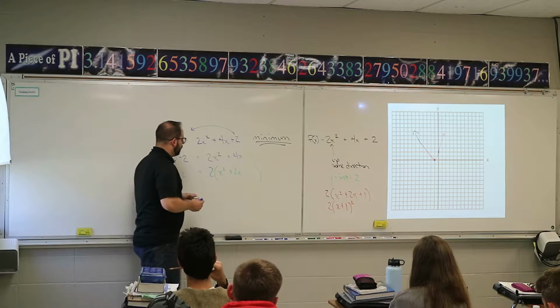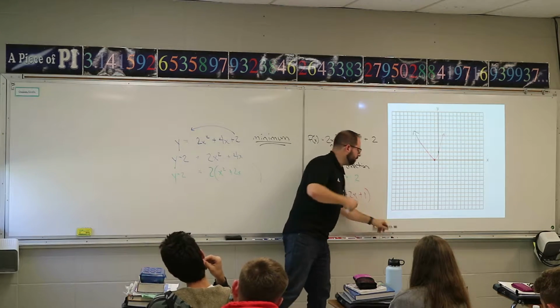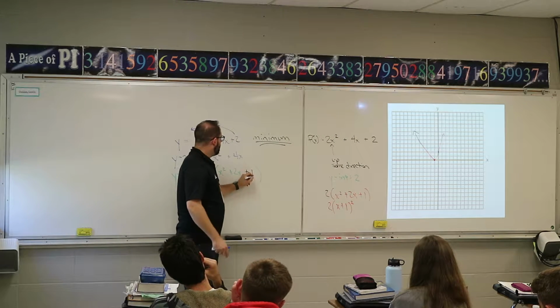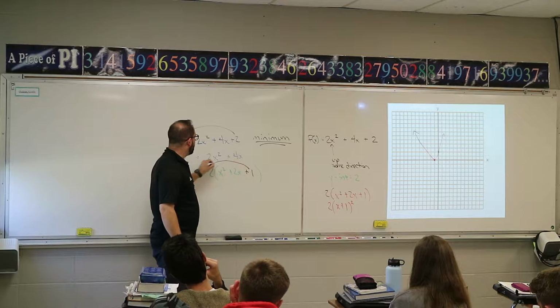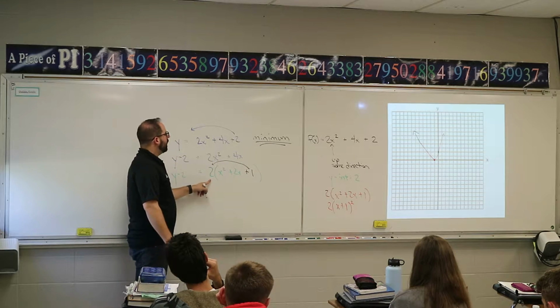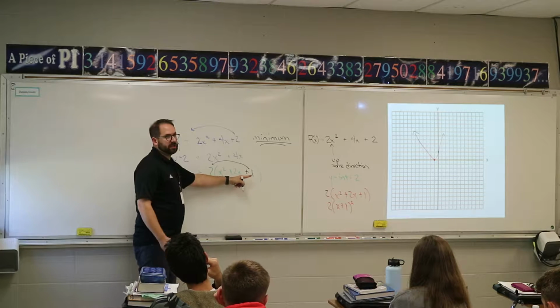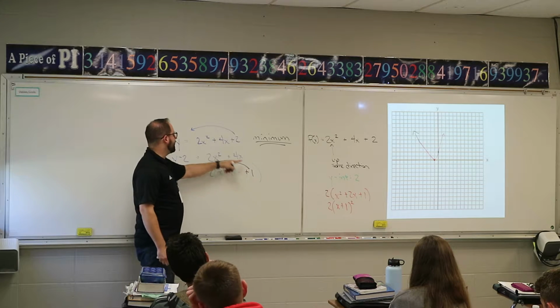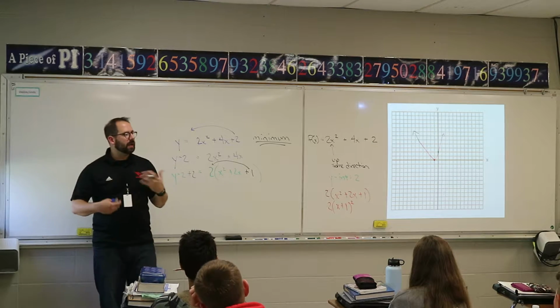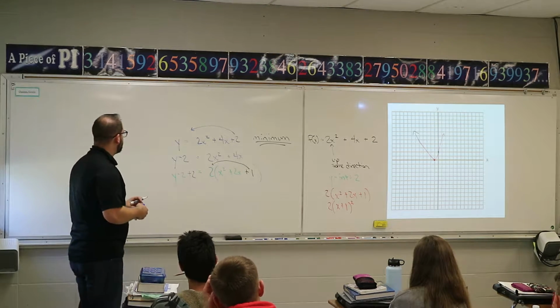So half the middle, this is my middle over here, half the middle is 1, squared it's 1. You take that, you add it to the other side, or sorry, you multiply it to this number first, because you'd have to distribute. So this is actually a 2 sitting there technically. You take it times the number up front, and that's what you add to the other side. So I'm adding a positive 2 to the other side.